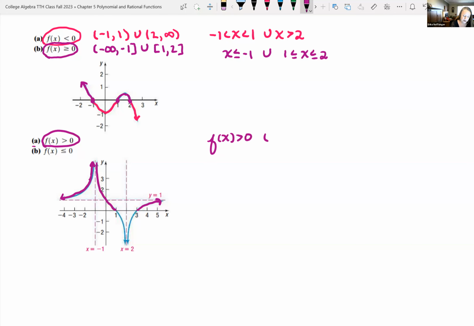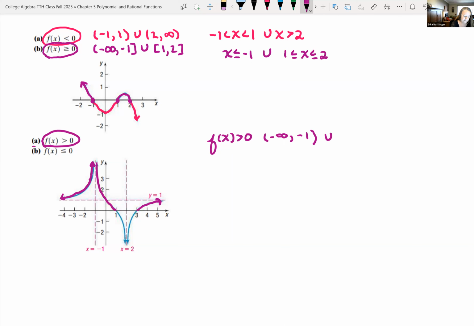On the interval, I'm using my x values from -infinity to -1. Remember, I can never cross a vertical asymptote. It's undefined there. So I need to put a parentheses and not a bracket on -1.